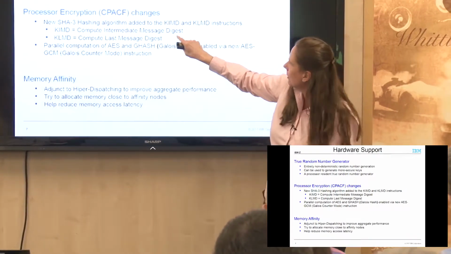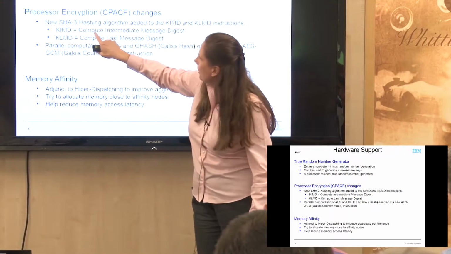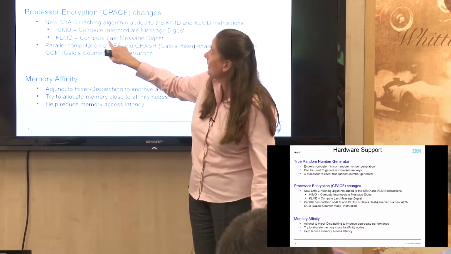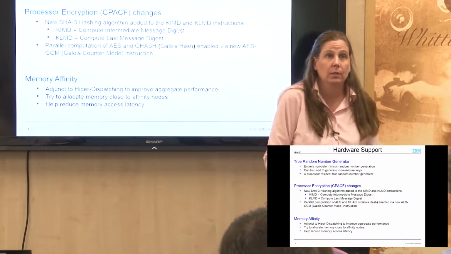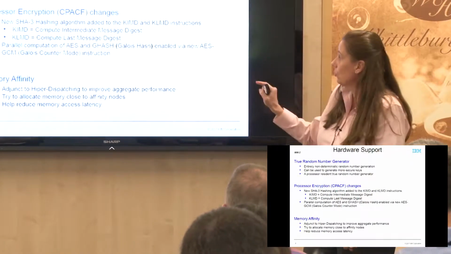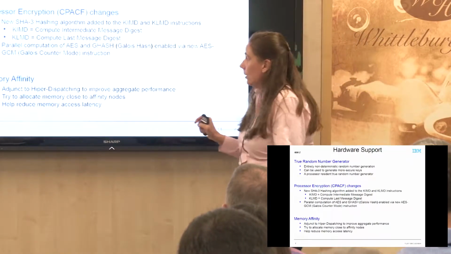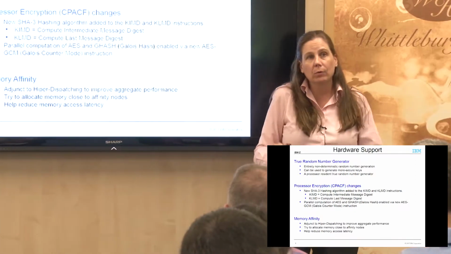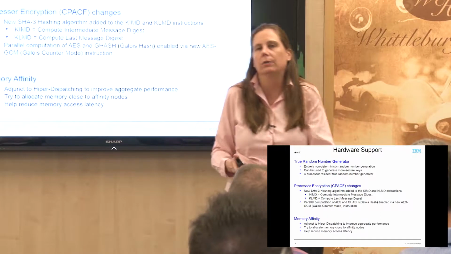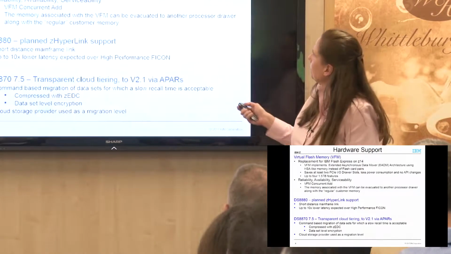I had to look those up because I didn't know what they were. KIMD is Compute Intermediate Message Digest, and KLMD is Compute Last Message Digest. Okay, that was kind of interesting. We also have enhancements to hyperdispatch with memory affinity so that we can try to allocate the memory closer to those affinity nodes than before.